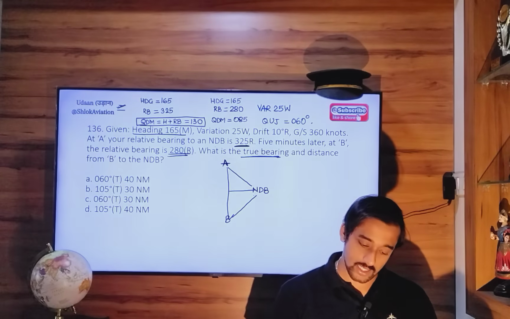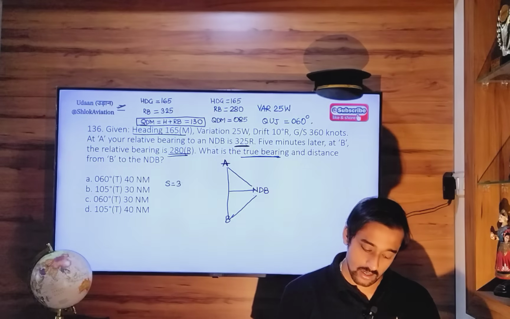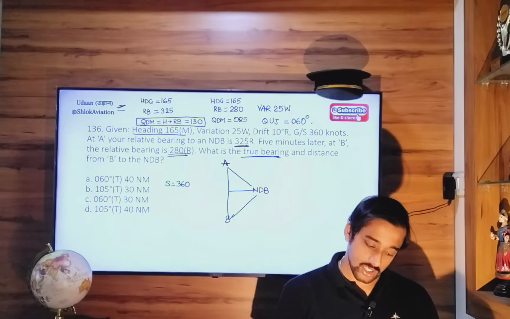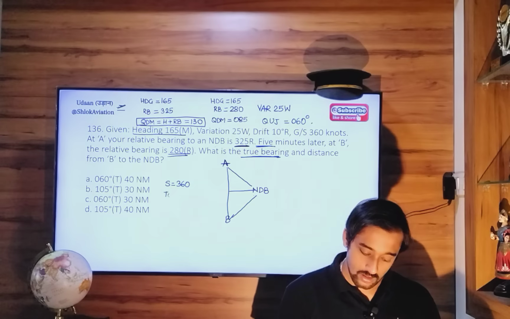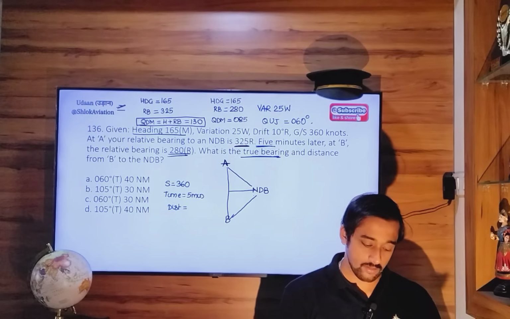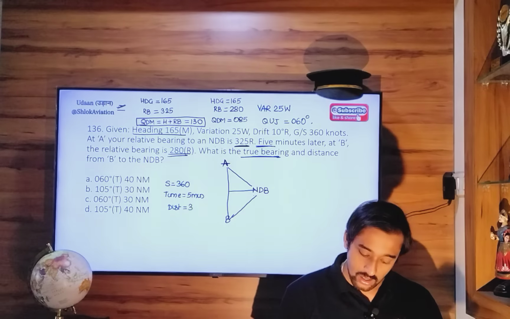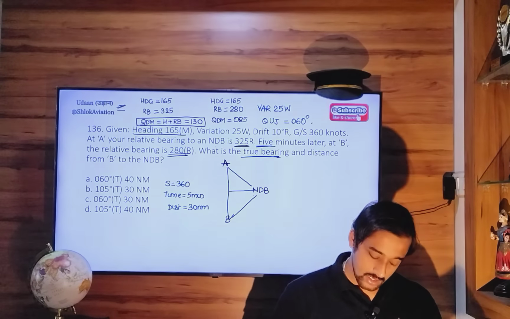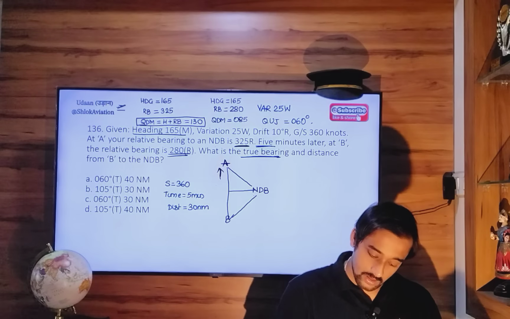Now let's find the distance. Speed is 360. Time traveled is 5 minutes. So distance will be equal to speed into time, 360 into 5 minutes, that is 30 nautical miles. So distance traveled is 30.